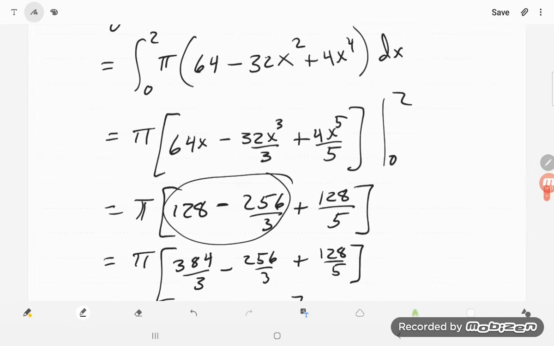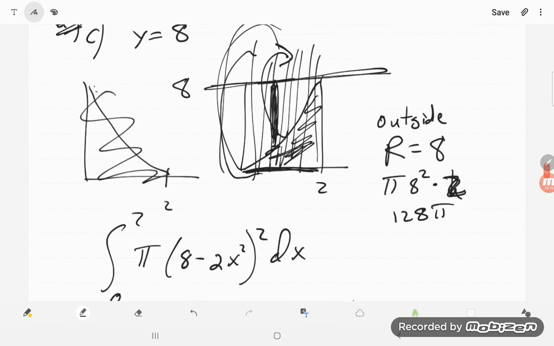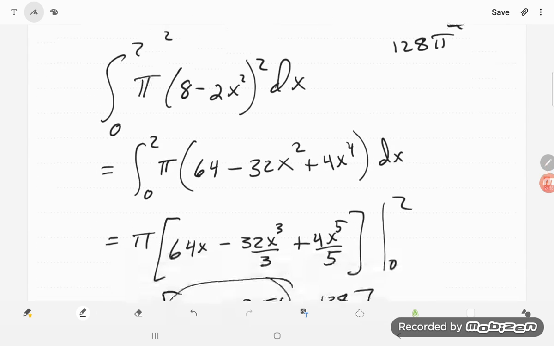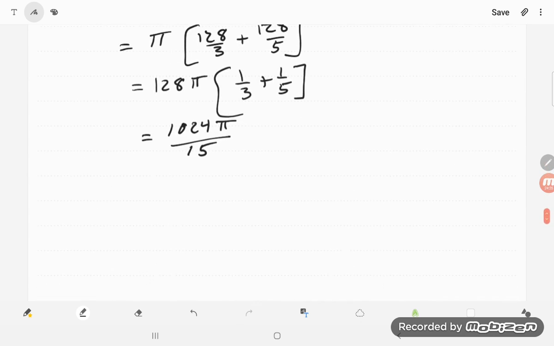So that, again, going back to the picture, that was the inside. So the outside was 128 pi, and then the inside, so our volume here is then the 1024 pi over 15.